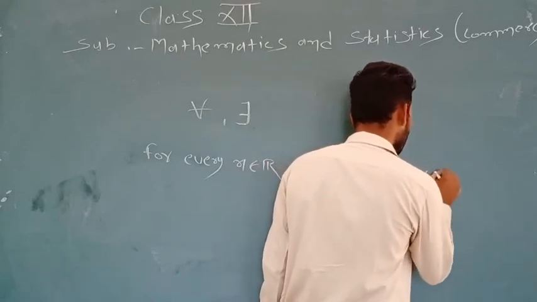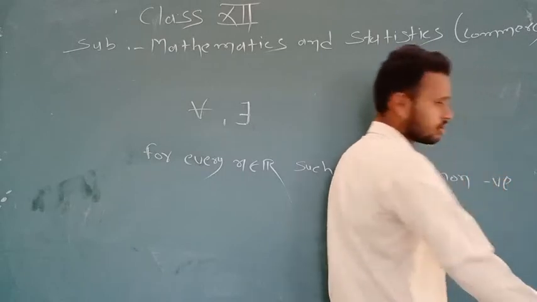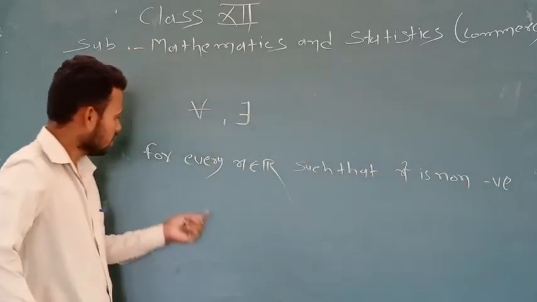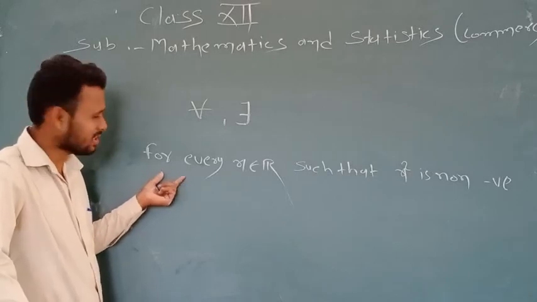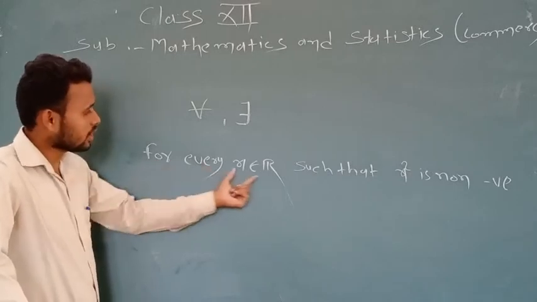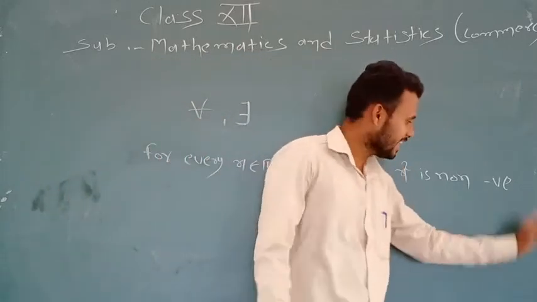Here this is a simple statement, a sentence: for every x belongs to real number such that x square is non-negative.